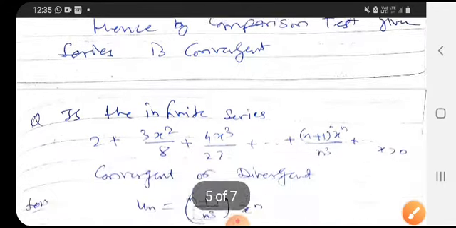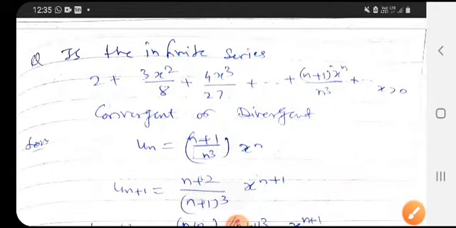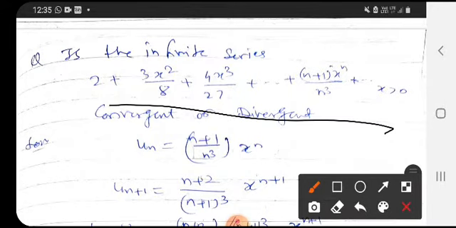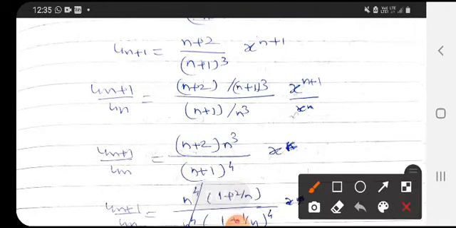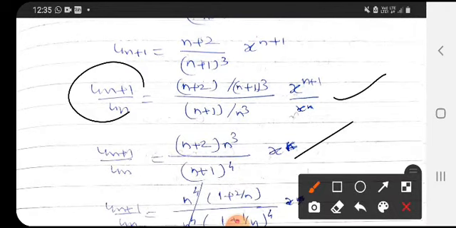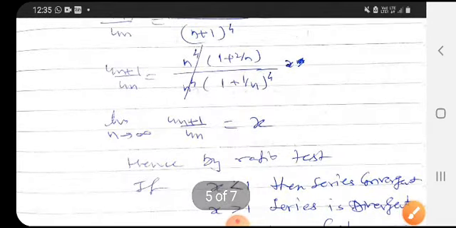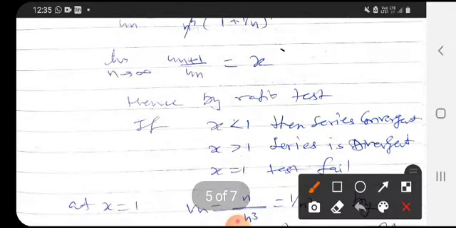Is this series convergent or divergent? We have the series un is equal to n plus 1 divided by n cube, x to the power n, and un plus 1 is this. Putting n as n plus 1, we take un plus 1 upon un, and limit n tending to infinity un plus 1 upon un we get x.